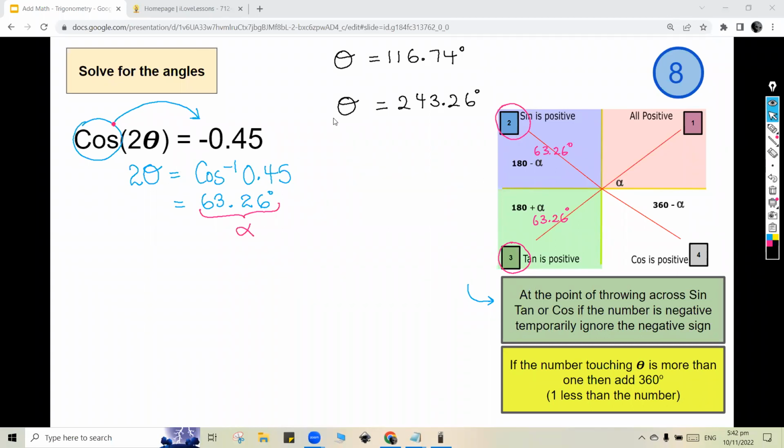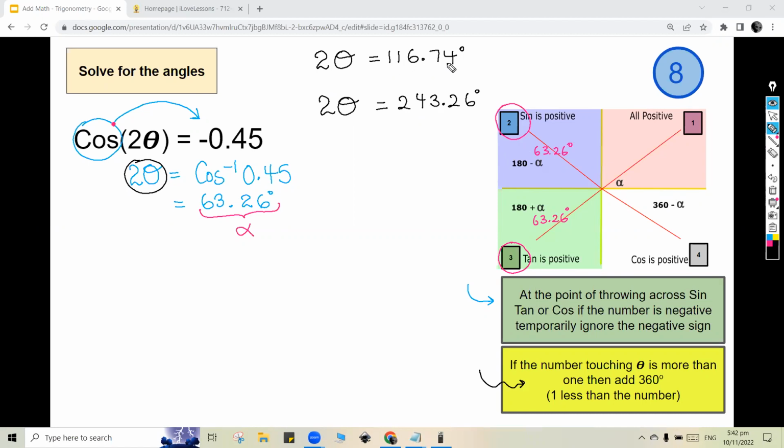But remember, all of these answers are equal to how much? 2 theta. What we solved for so far was 2 theta. But before we move on, pay attention to the yellow box here.